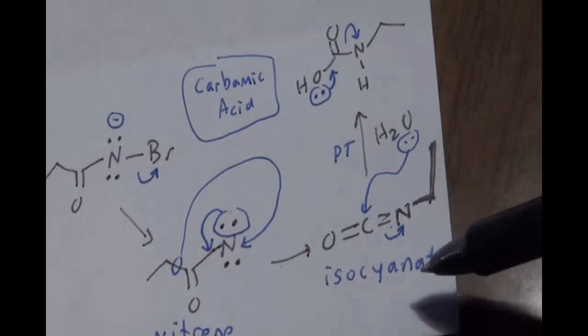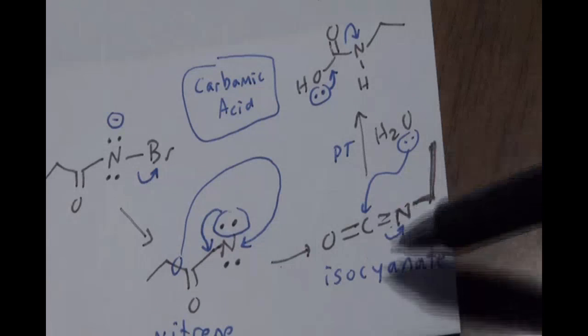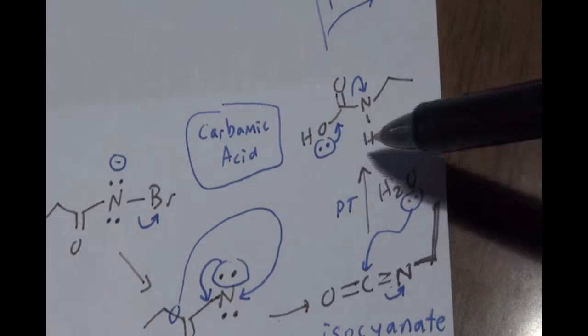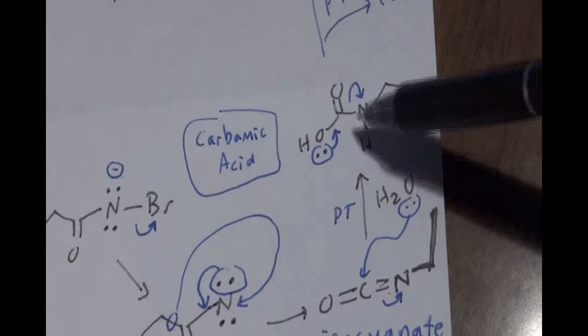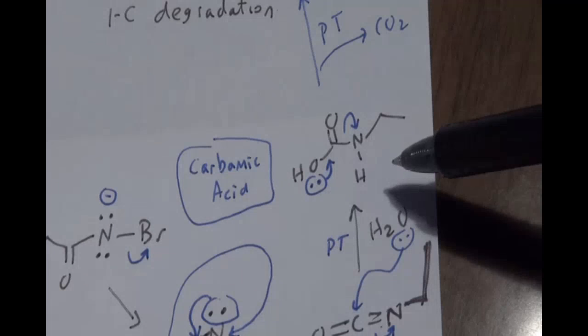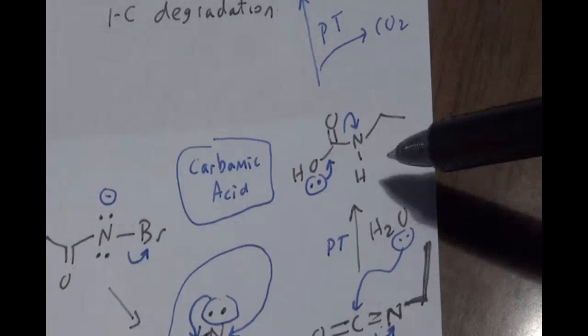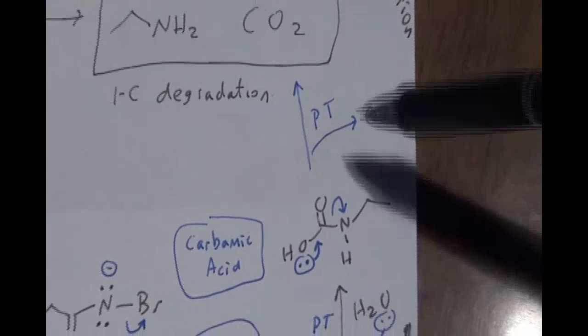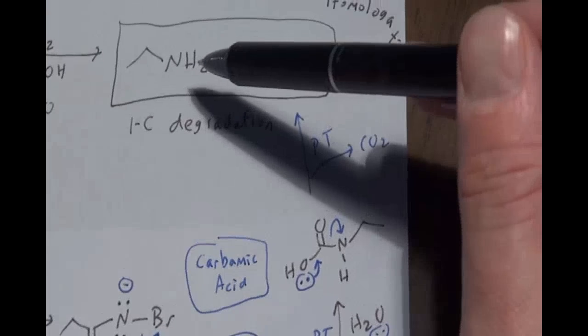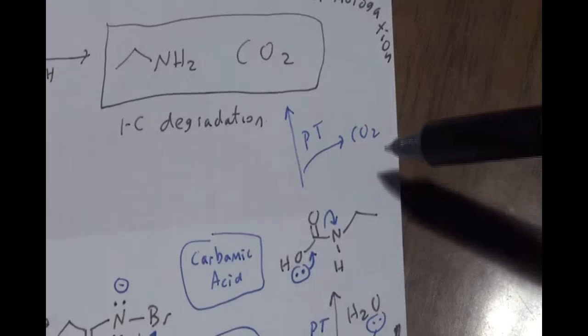Just write PT while you're doing that, because PT happens also. And now you have the carbamic acid. Carbamic acid's unstable, degrades, oxygen kicks in, breaks off, and essentially gives you now, after all is said and done, an ethyl amine and a CO2.